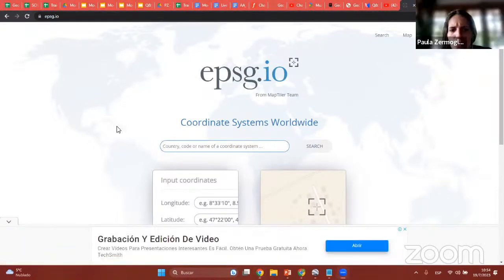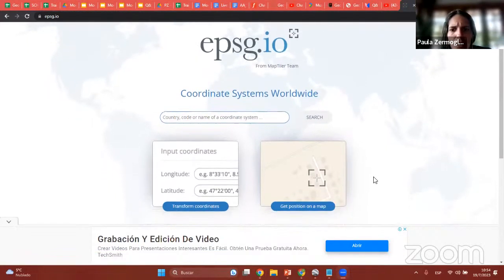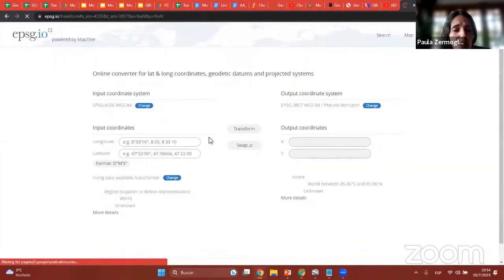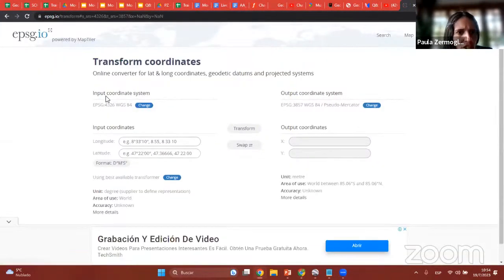So one such tool that allows us to convert coordinates between reference systems is the epsg.io webpage. It has a tool that we can use to transform coordinates. Sorry, this comes with ads now. And so we can change here what is the coordinate system or datum that we're using for coordinates, and what is the output that we want.